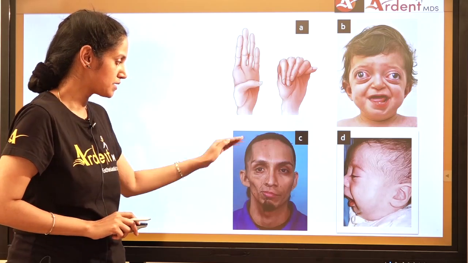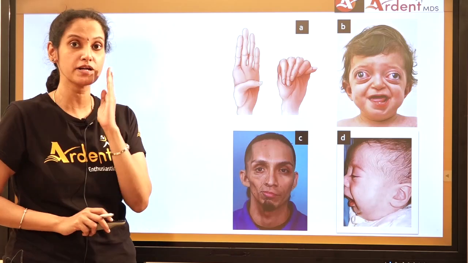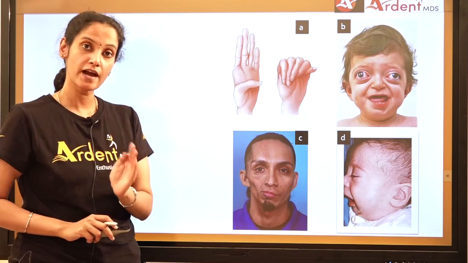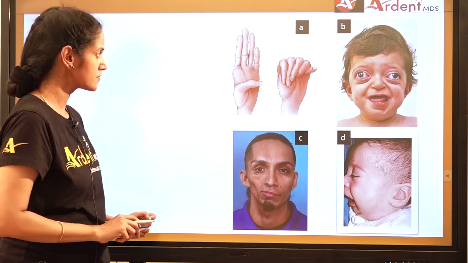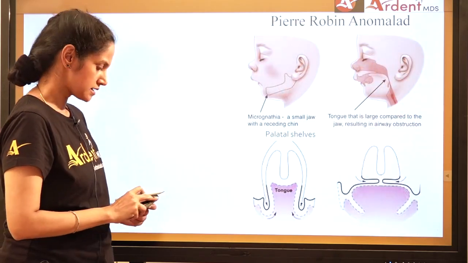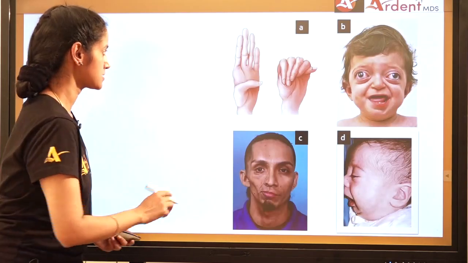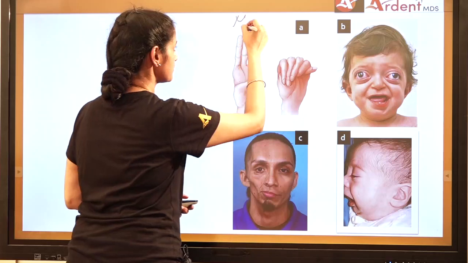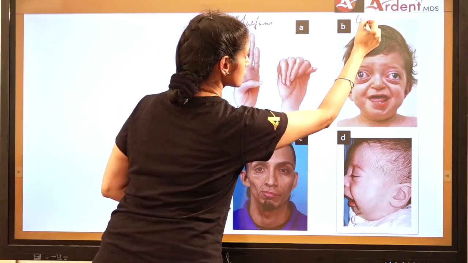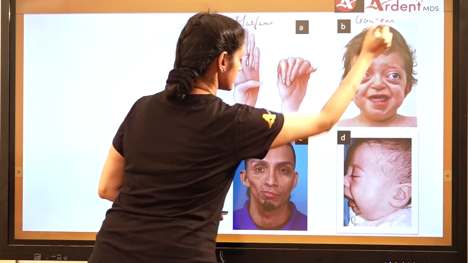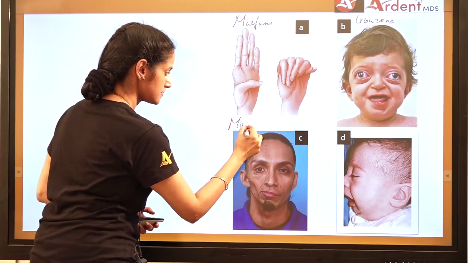You find hyperpigmented areas of the skin and the hypoplasia of the bones and also the soft tissues. The subcutaneous tissue is also affected. So, this is Parry-Romberg syndrome. So, we've seen Marfan syndrome. Here this is Crouzon's and this is Marfan's.